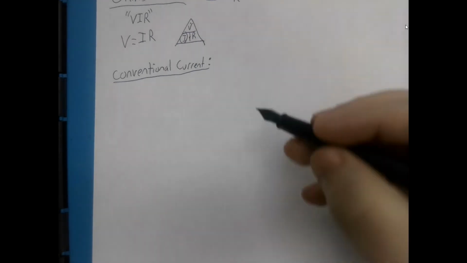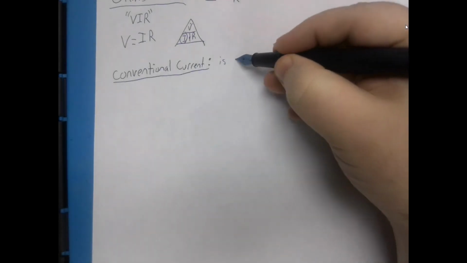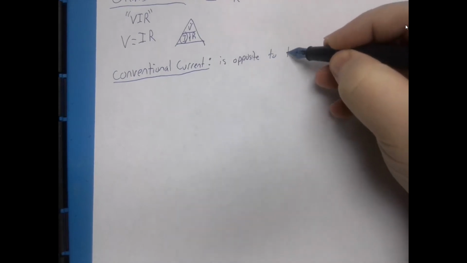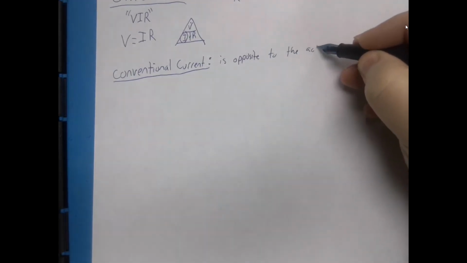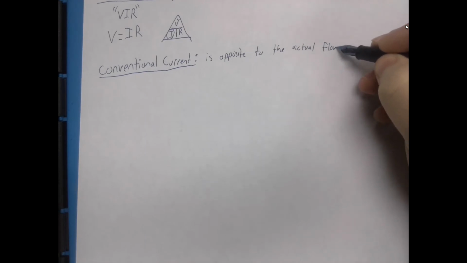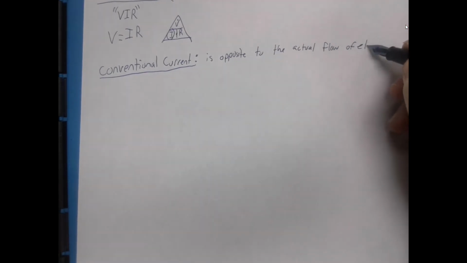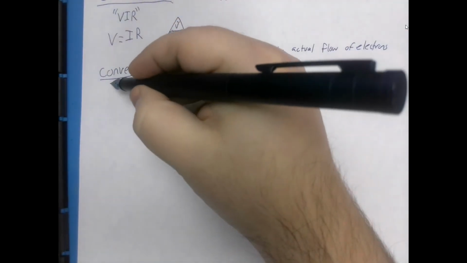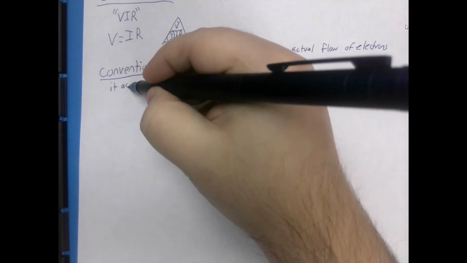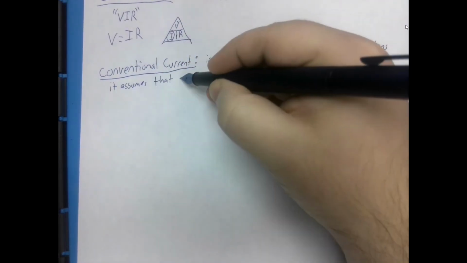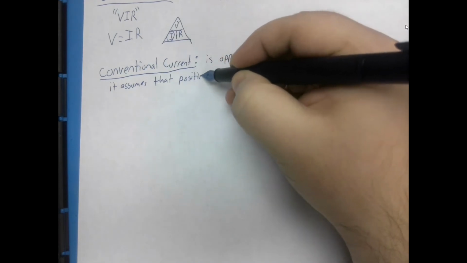So conventional current is opposite to the actual flow of electrons. This is because it assumes that positive charges are moving.